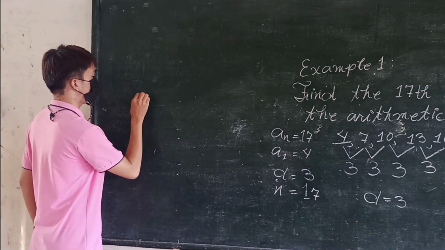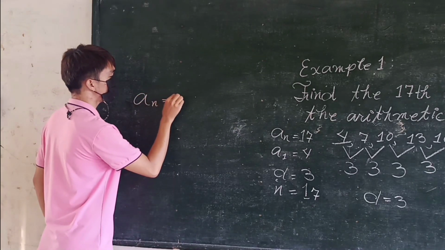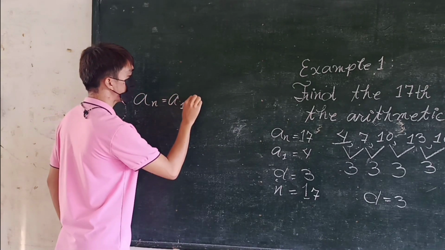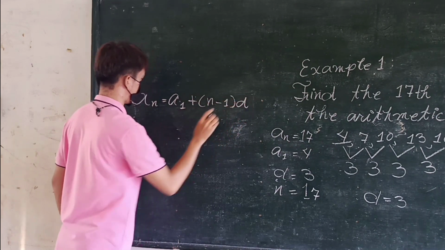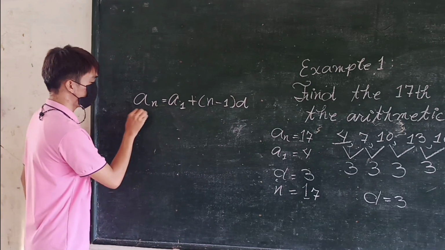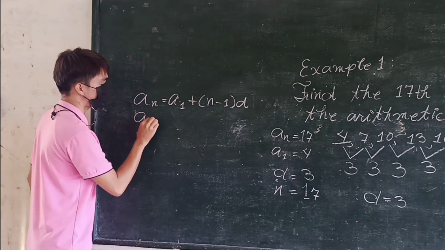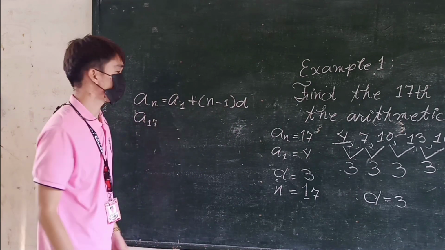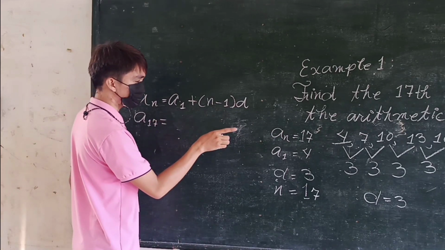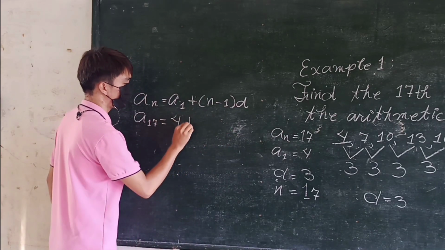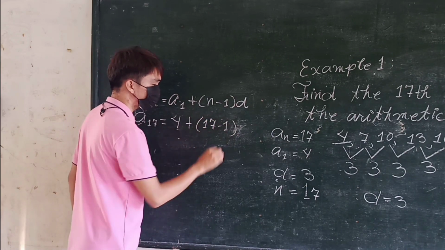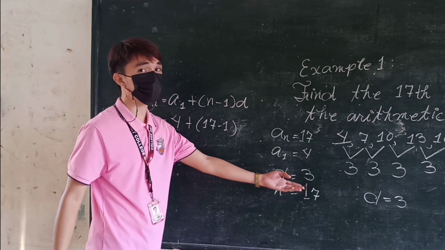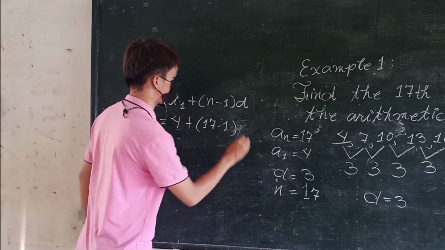We have a sub n equals a sub 1 plus the quantity of n minus 1 times d. We're looking for a sub 17 because we're looking for the 17th term. a sub 1 is equal to 4. n is equal to 17, minus 1, times the common difference, which is equal to 3.